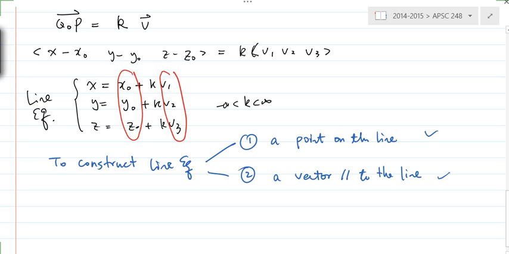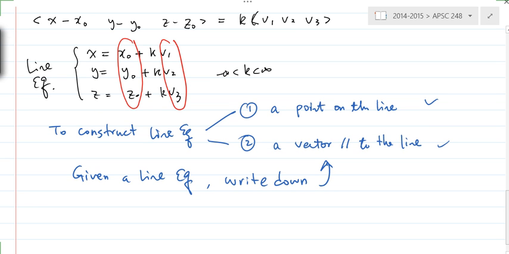So given a line equation, write down these two pieces of information. This is very important. No matter what you do, before you go ahead and solve any questions, you can always write these two things down based on the given information. Okay?